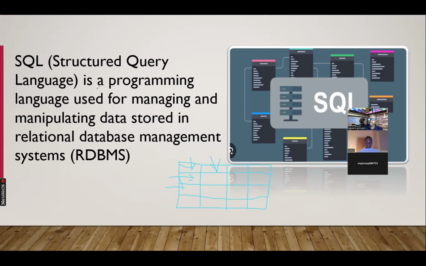They are stored in the database through tables. So we can have one database that consists of multiple tables, and that is why the word relational database is used. That is a database that has multiple tables holding different records.